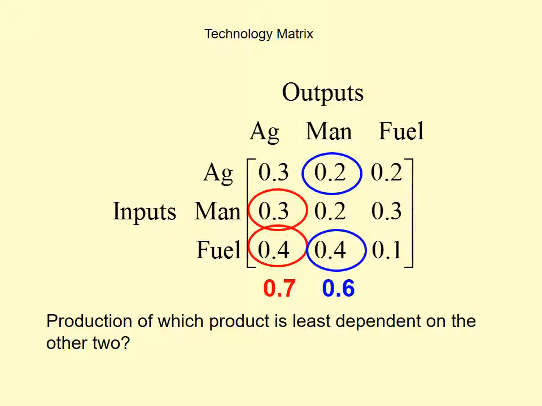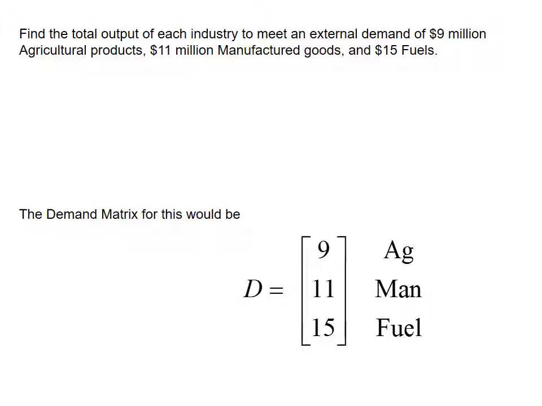It's dependent on agriculture and fuel, total of 0.6. And production of fuel requires 0.2 from agriculture and 0.3 from manufacturing for a total of 0.5. That would make fuel the least dependent on the other two.